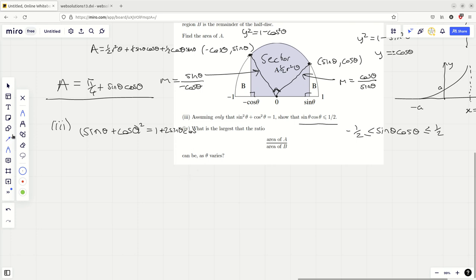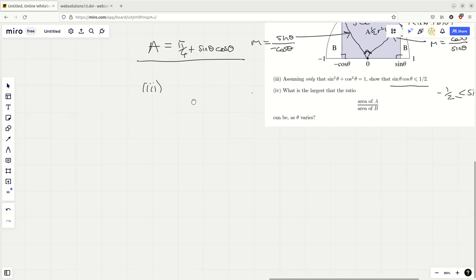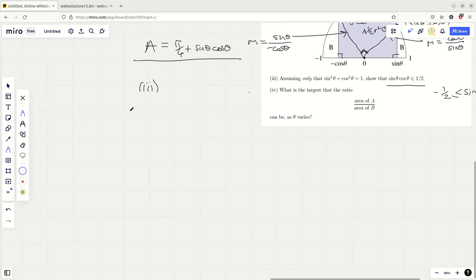Sorry. So I never give myself enough space on this board, do I? I'm doing long mathematics and I've not got enough space. Okay, so sine theta plus cos theta all squared is going to give you a sine squared plus a cos squared plus a 2 sine cos.